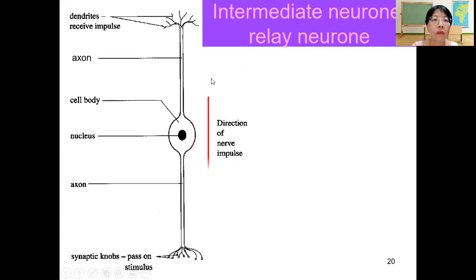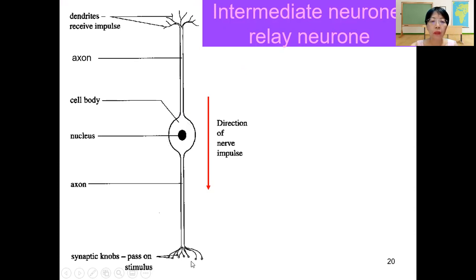So next we're going to look at the intermediate neuron or relay neuron. The relay neuron is very similar to the sensory neuron in terms of structure and labeling. Dendrite, axon, cell body, axon, dendrite. So the cell body is located in the center of the cell with the same orientation as the axon. It doesn't tilt away from the axon, it's right in the center.